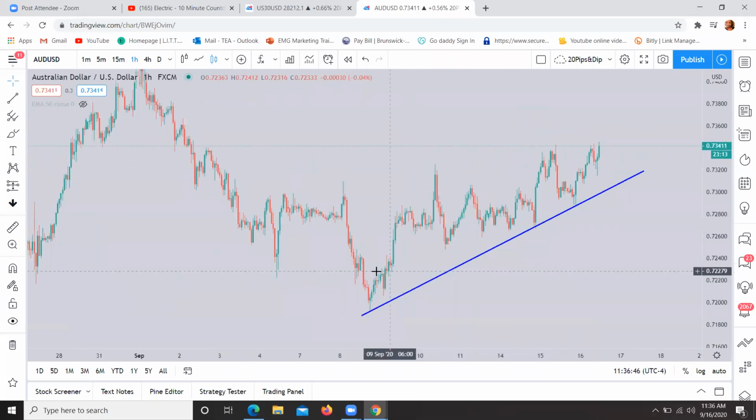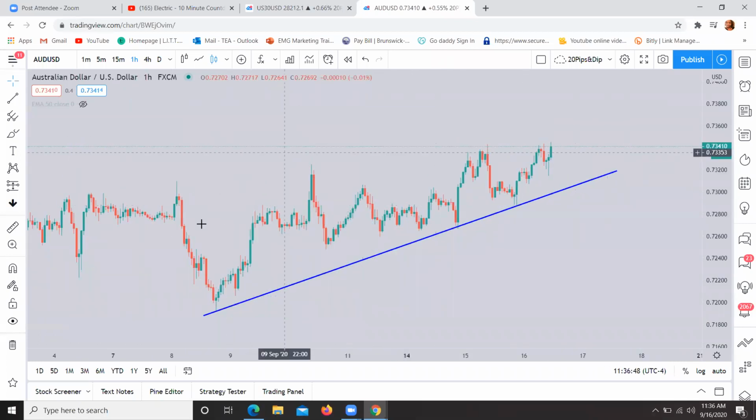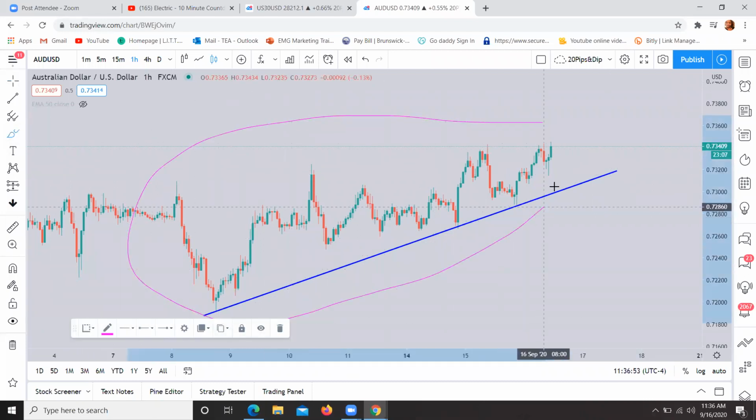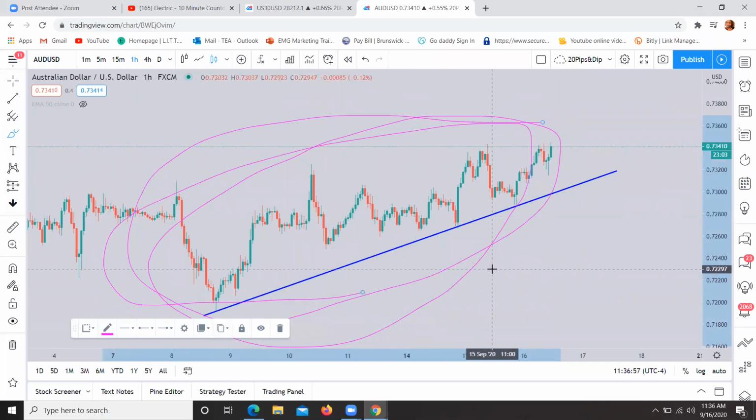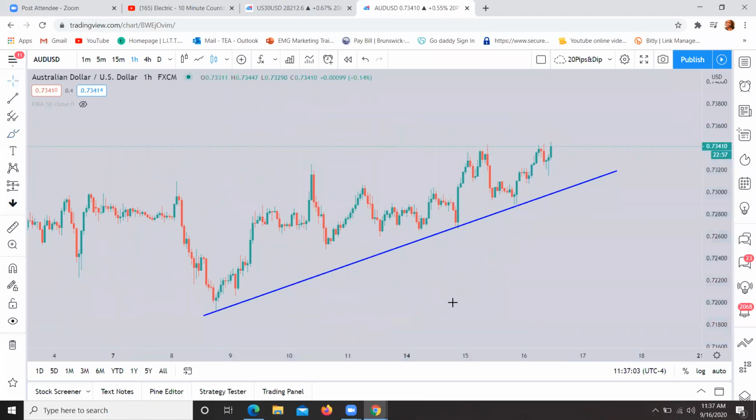This trend line helps you identify the market condition. What market condition are we in right now, y'all? We are in an uptrend. So in an uptrend, what are we looking to do? We're looking to buy. Where are we buying in this uptrend?